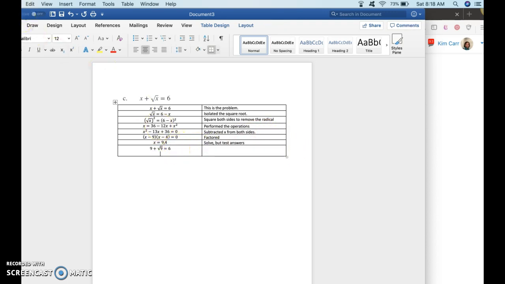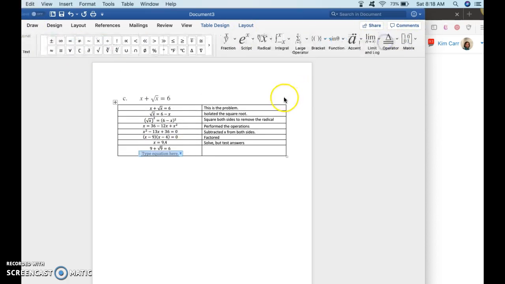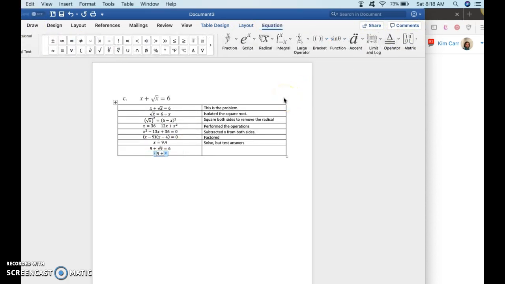Okay. You probably can see that 9 plus 3 equals 12, which does not equal 6.